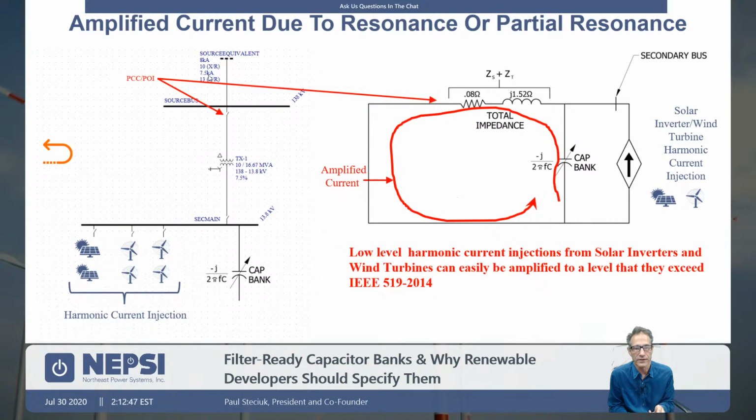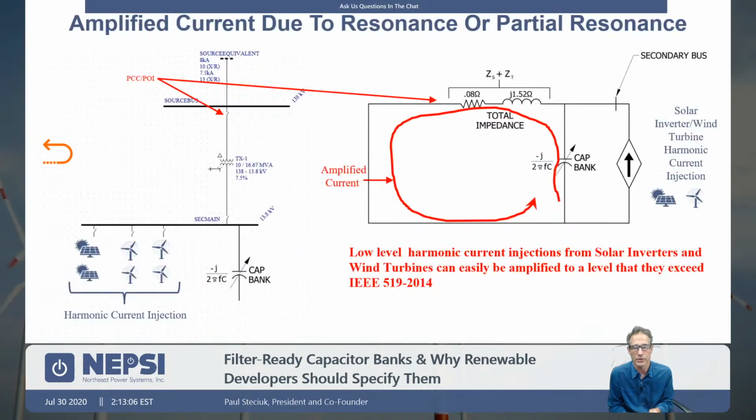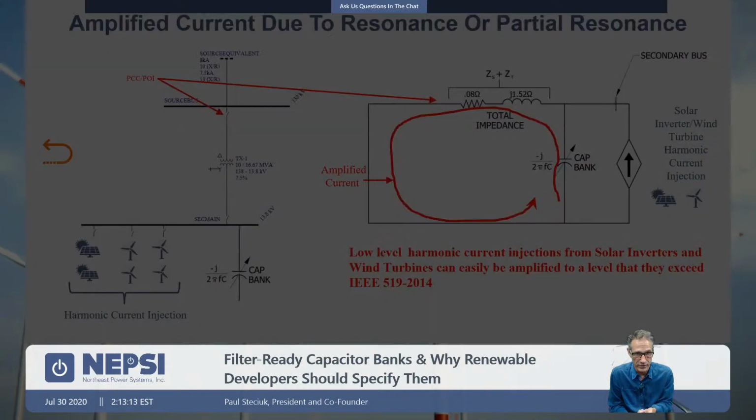When you have current amplification, the harmonic output from the inverter here is amplified, and the harmonic current is increased through this area. The point of common coupling happens to be out here, so the point of common coupling falls into that area where the current is amplified. So even inverters that are putting out very, very low levels of harmonic current, we can still get current amplification out here, and we can exceed the IEEE 519 limits.